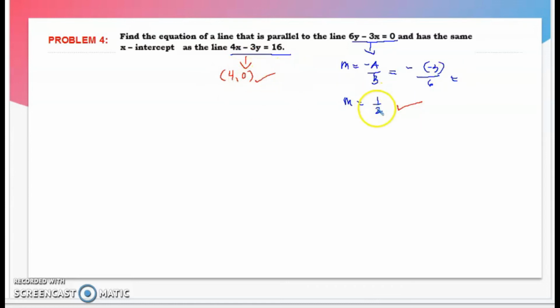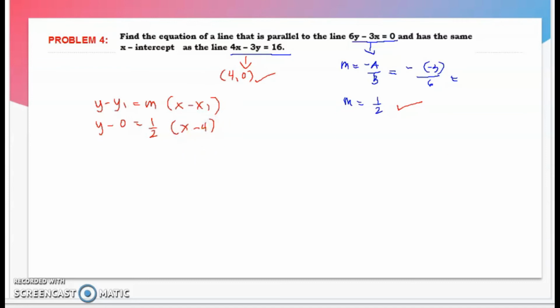A point and a slope, then use point slope. So, y minus y sub 1 is equal to m times x minus x sub 1. So, substitute the values. So, y minus y sub 1, which is equal to 0, and slope equals 1/2 times x minus x sub 1, which is 4. So, x minus 4.